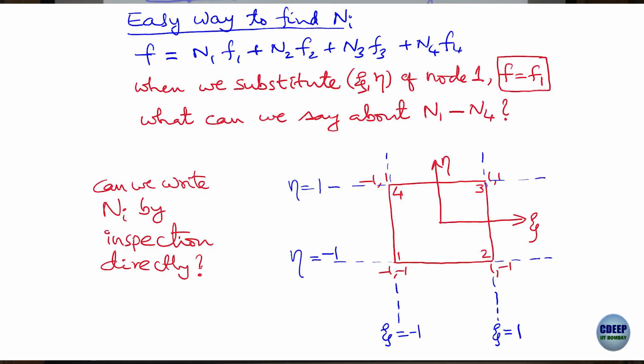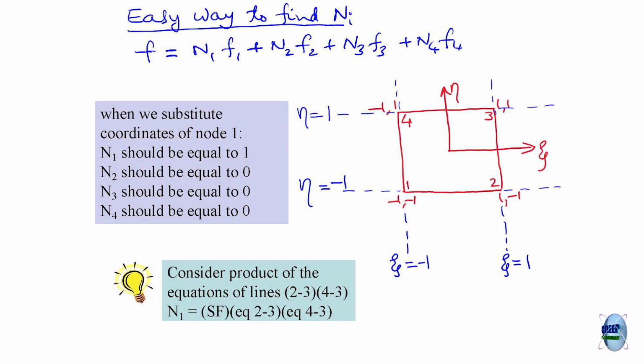So, looking at that element, we proposed to use the characteristics of the shape functions and directly write them down: what could be N1, N2, N3, N4. N1 has to be 1 when you substitute the coordinates of node 1, and 0 at the other nodes. Similarly N2, N3, N4, whichever the nodes are, even if you have more nodes.